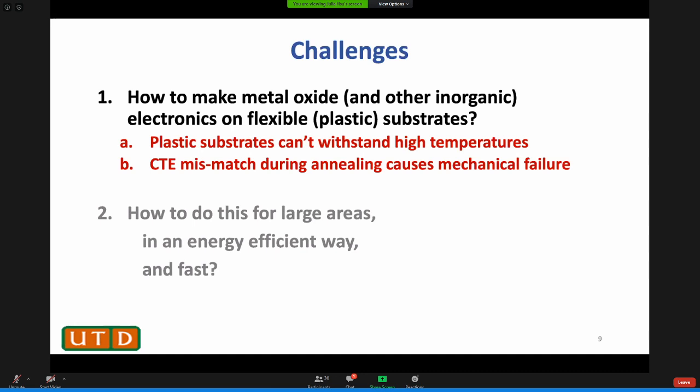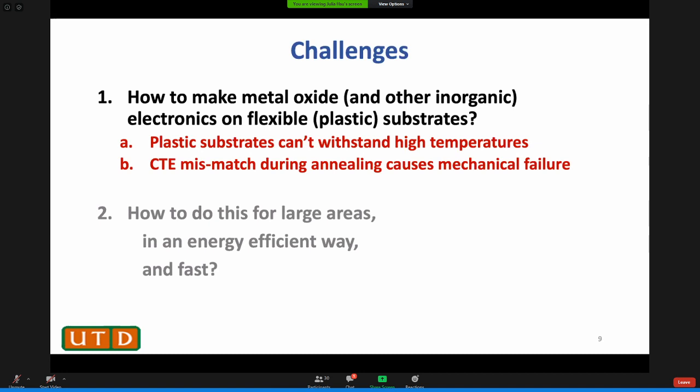So how do people lower the temperature? There are two approaches. One is called combustion synthesis, that I'll explain in more details. So basically, this is the reaction coordinate. This is your product. Conventional sol gel, you start with very stable things. You have a huge energy barrier to get to your final product.